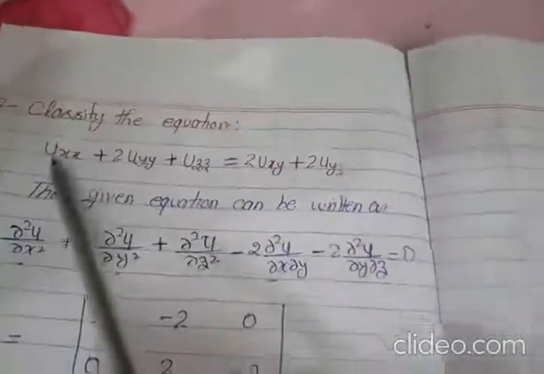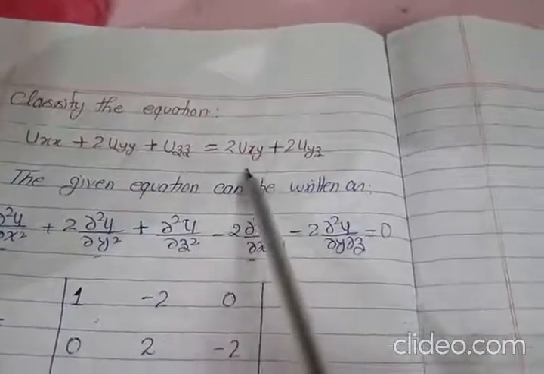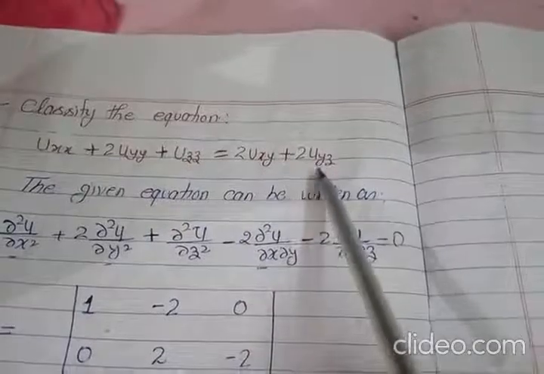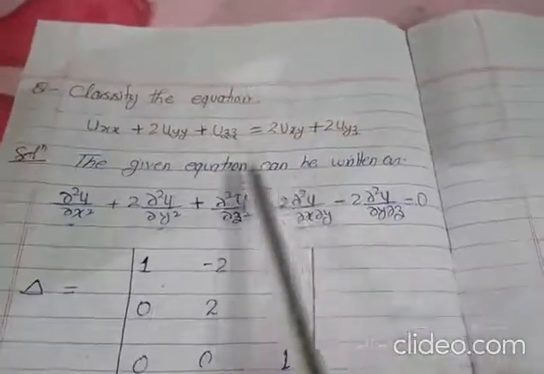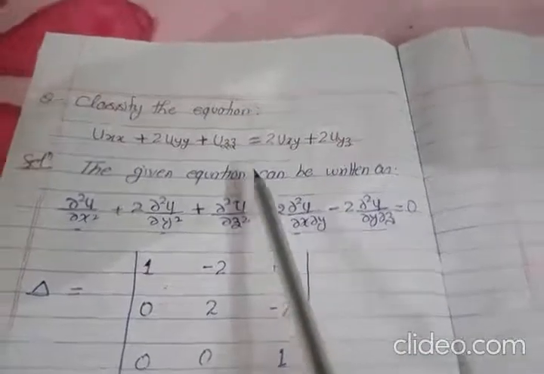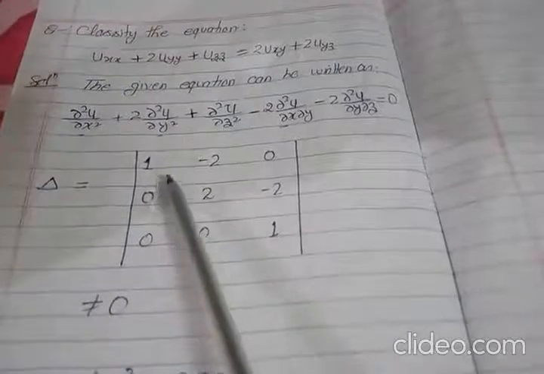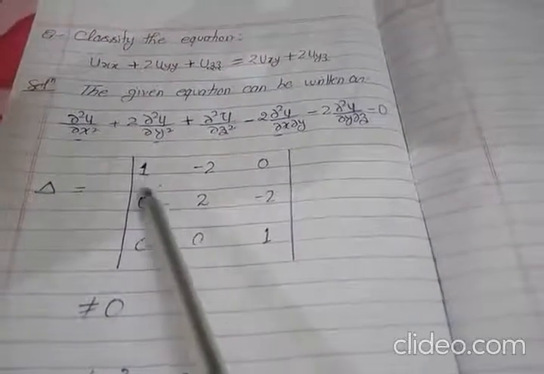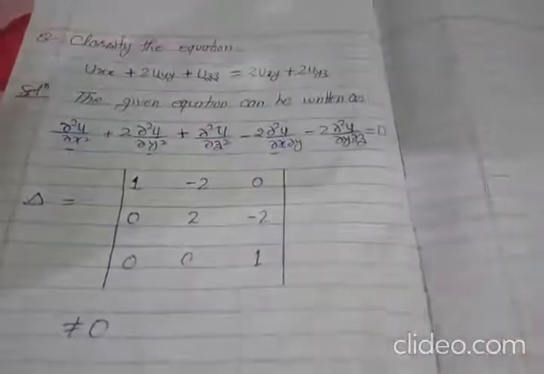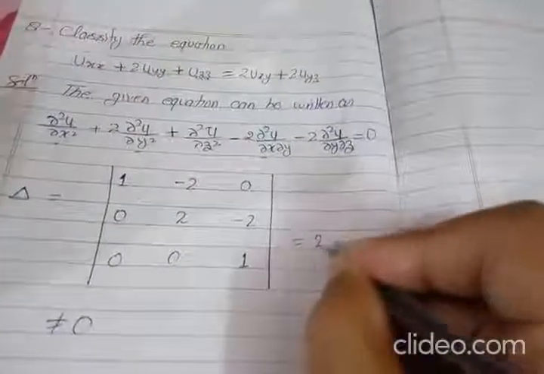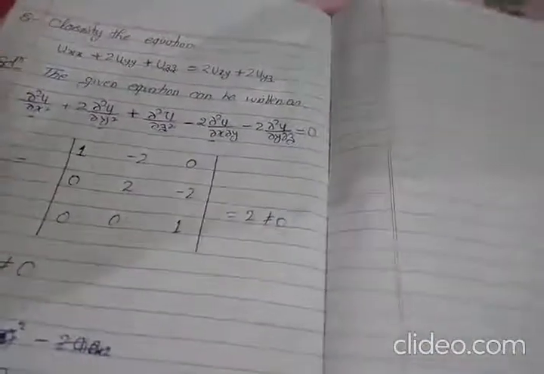Here one problem is given to us: uxx plus 2uyy plus uzz is equal to 2uzy plus 2uyz. If we arrange the given equation's coefficients in the form of a determinant, then we can see that the value of this determinant is equal to 2, which is not equal to 0. The value of the determinant is positive.